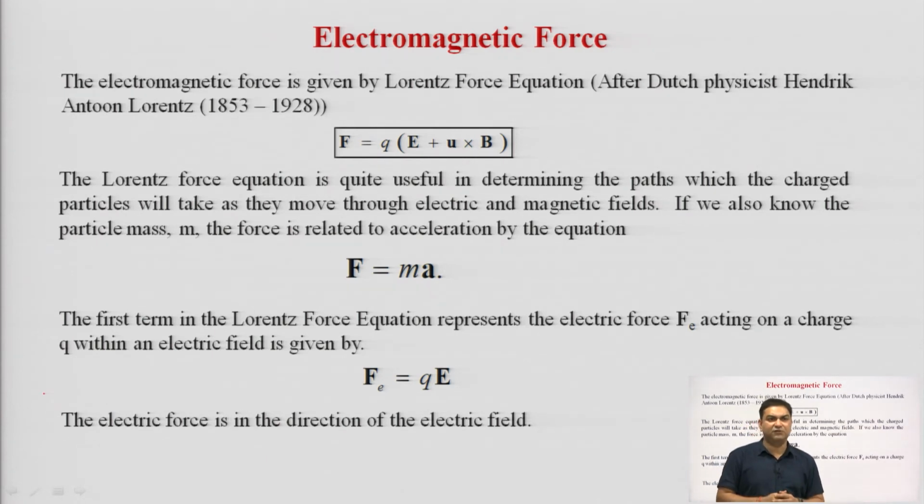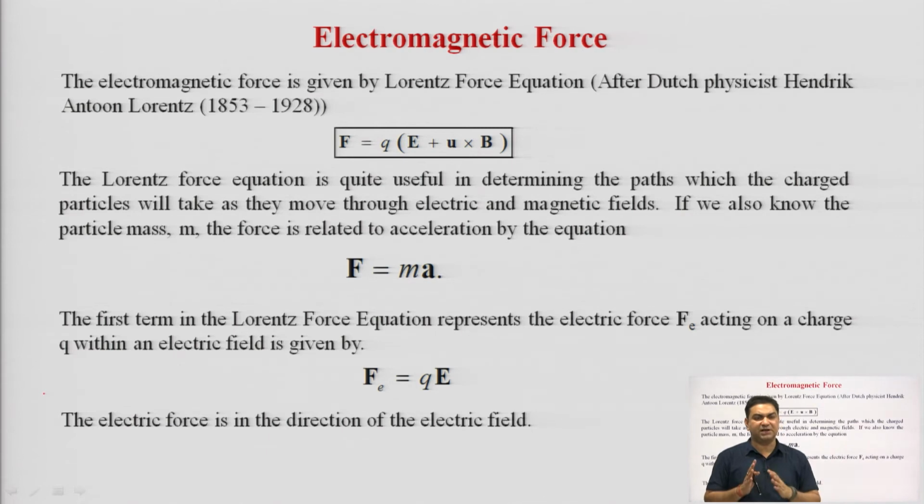The electromagnetic force is given by the Lorentz force equation. The name is after the Dutch physicist Hendrik Antoon Lorentz, and he has given an equation in the form of F is equal to Q into (E plus U cross B). This equation says that F means the electromagnetic force.